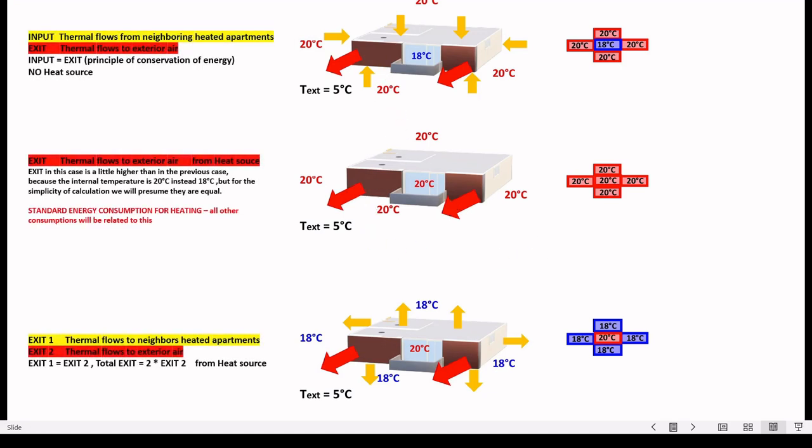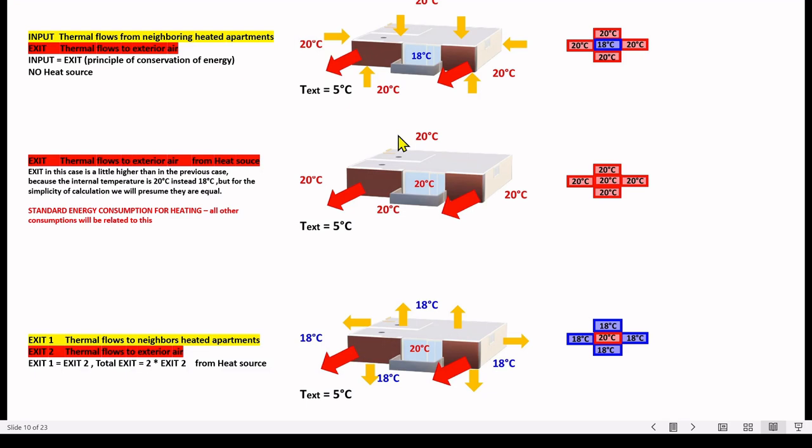Another situation is a heated apartment surrounded this time by 4 unheated apartments. This time the situation is reversed from the first one, only that the thermal flow is in the other direction: our apartment doesn't receive but sends thermal flow to the unheated apartments, and also has the same thermal flow to exterior as in the other 2 situations.